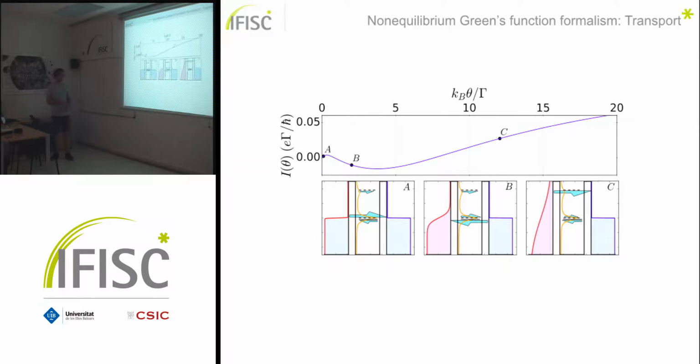If we increase the thermal bias, the window opens, and then we have the energy level of the system, which is below the Fermi energy, and then we have a negative thermoelectrical current. And with this, we have explained the shape of this strange curve.